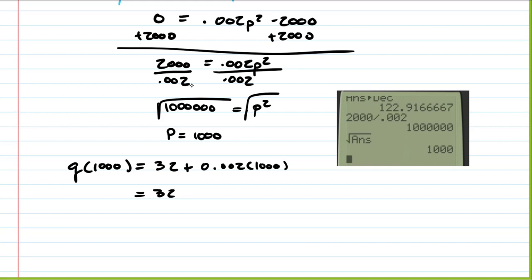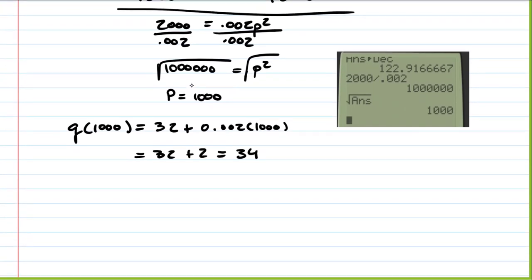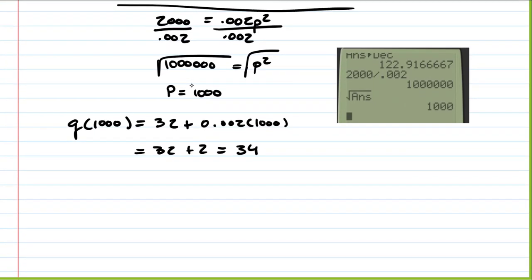We get 32 plus 2, which gives us 34. This is measured once again in thousands, so it would be 34,000 students.